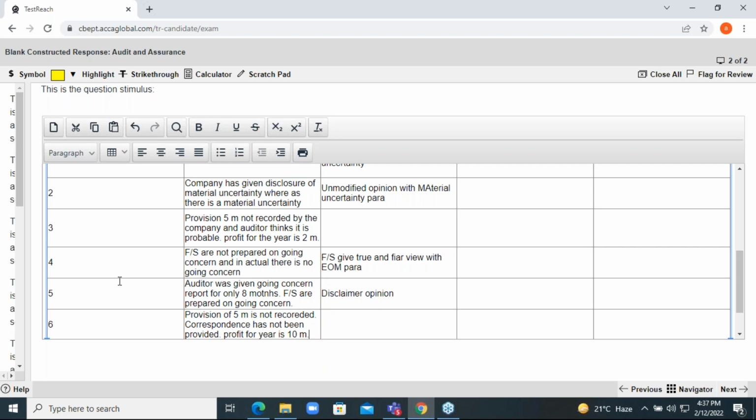Okay. So now you can see that this is a provision of 5 million and profit is 10 million. So 5 divided by 10 multiplied by 100. So this means the answer is 100%. Sorry, 50%. So 50% is material.